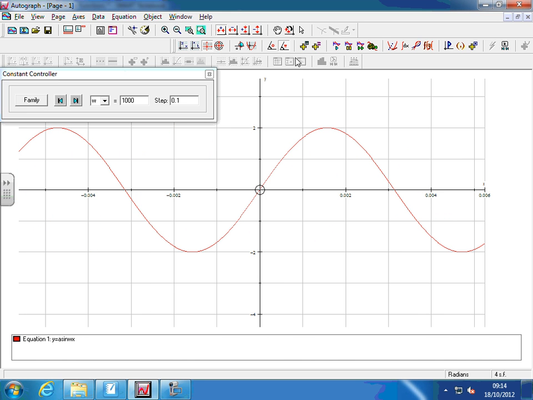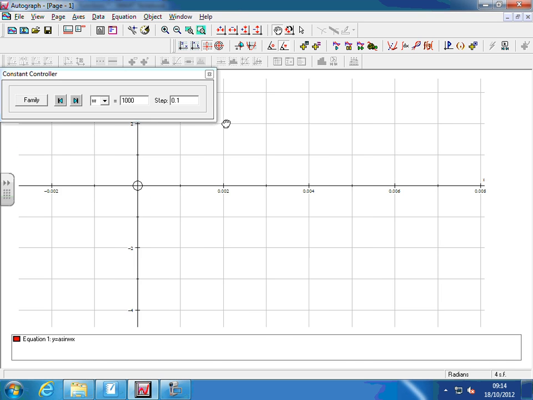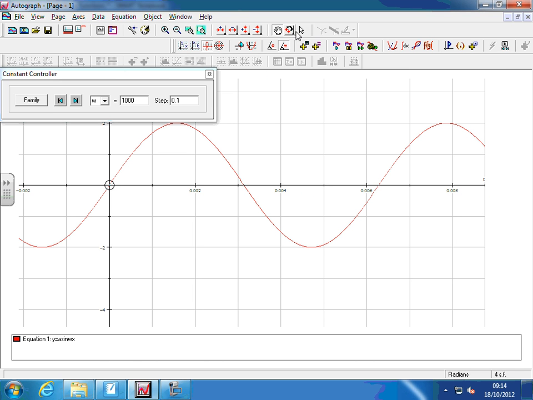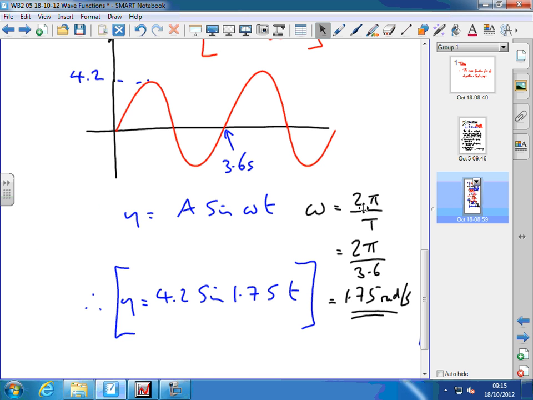So now I could bring this over here and find out what the time for one cycle is, which is what I'm after. Okay, so the period of this wave is about 0.006, that's 0.007, 0.0063. So if T equals 0.0063, using this equation again, calculate omega for me.